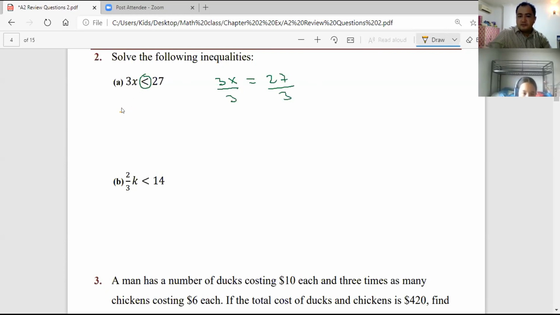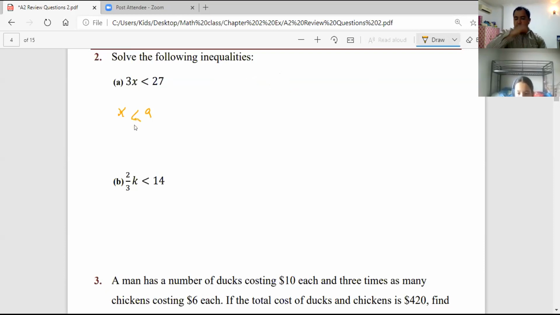Then that'll be just x equals 27 over 3, that is 9. But here, instead of the equal sign, we have the less than sign, Shahina. So just write the less than sign. I'm saying just imagine instead of less than sign, we have an equal sign. Right, so here then, less than.